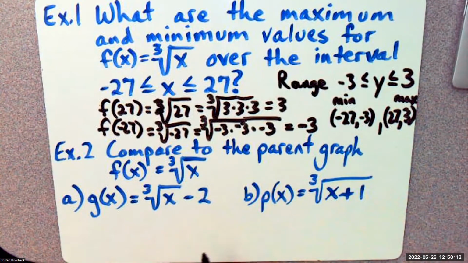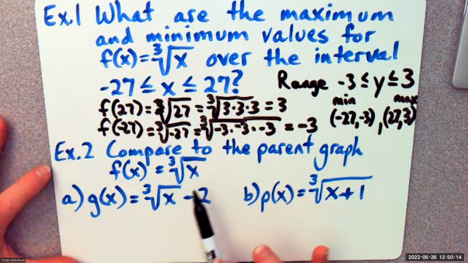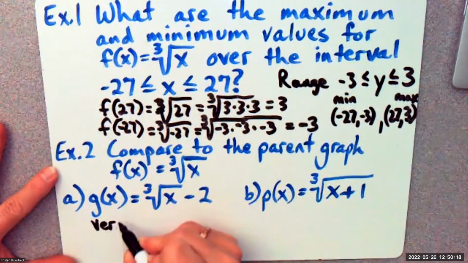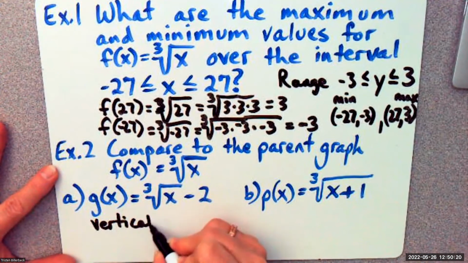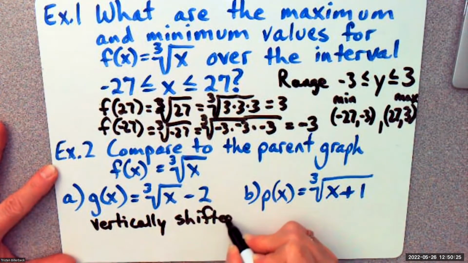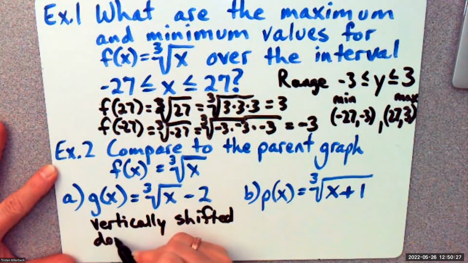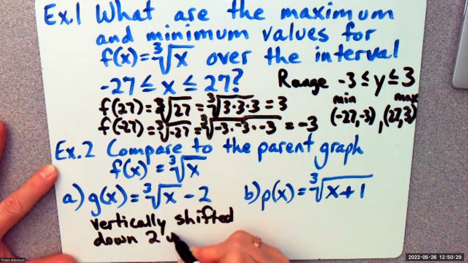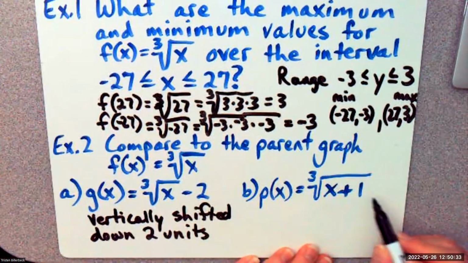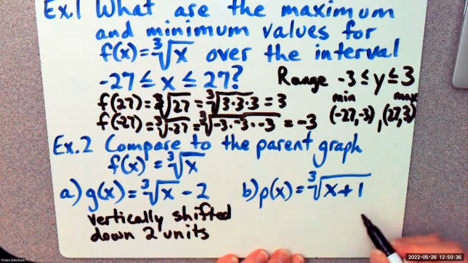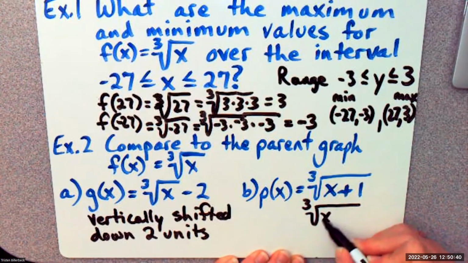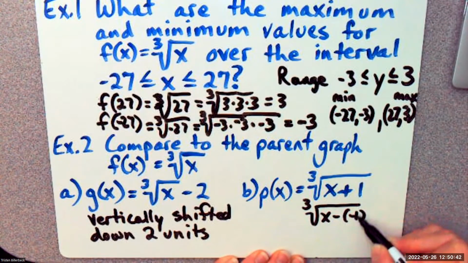So let's compare the parent graph. This is the parent graph here. So this one's just vertically shifted down 2 units. And this one here, oh, this is an h and it's hiding. This one is hiding its x minus negative 1.